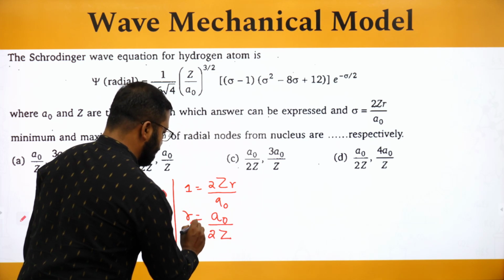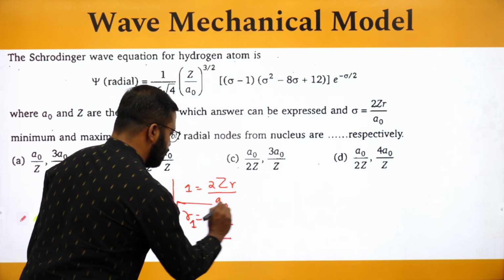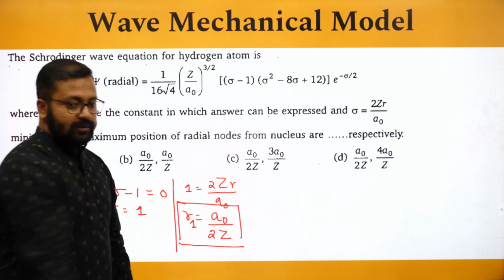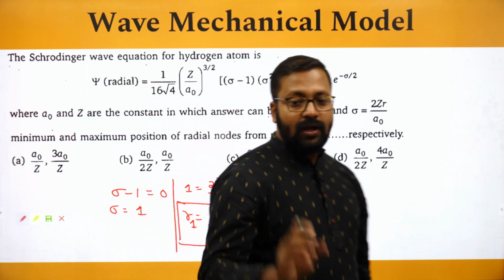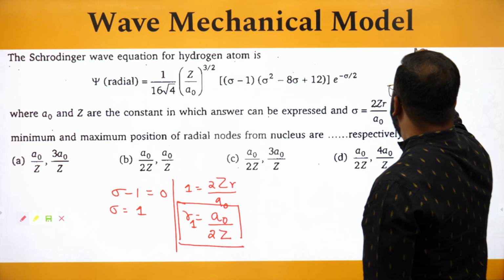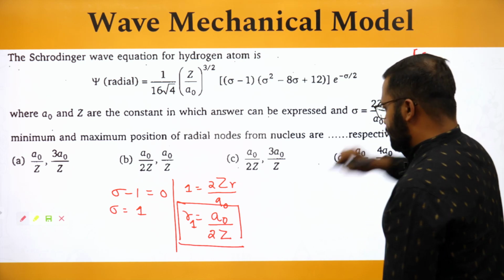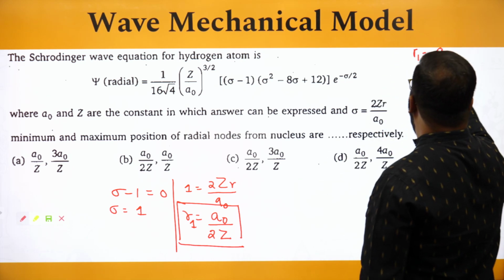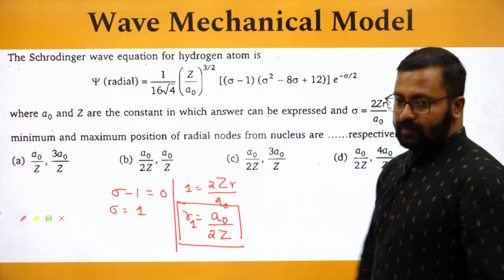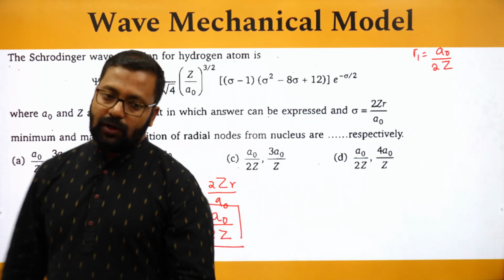Let's say this is r1. This is the position of a node. So our first node is at a naught by 2z.